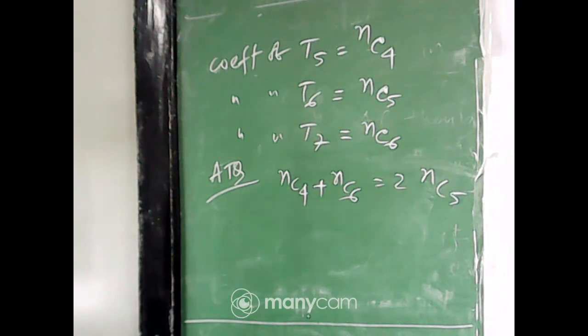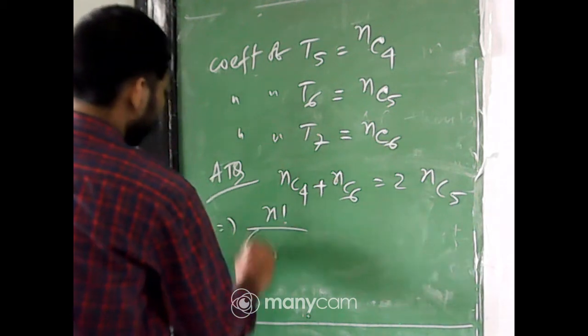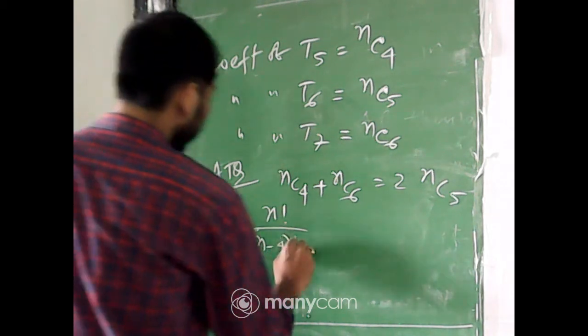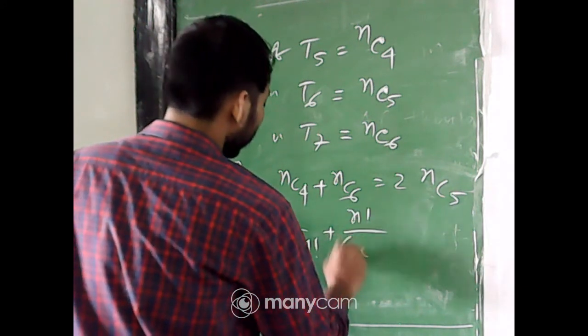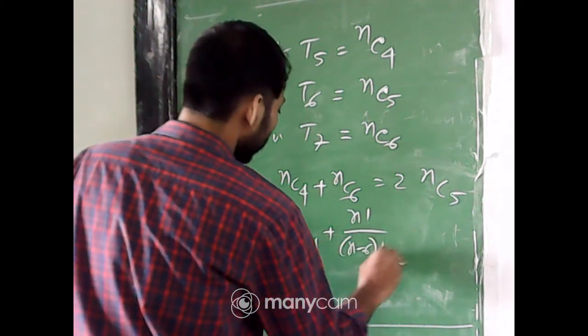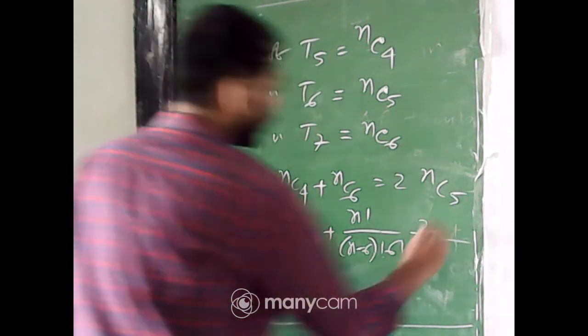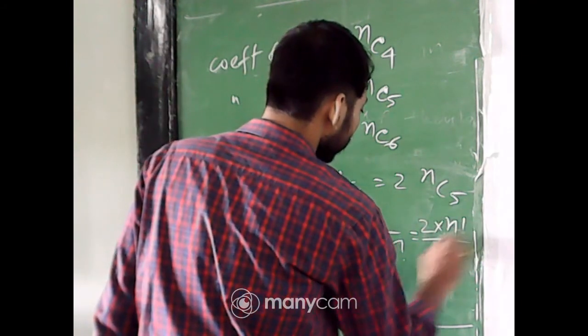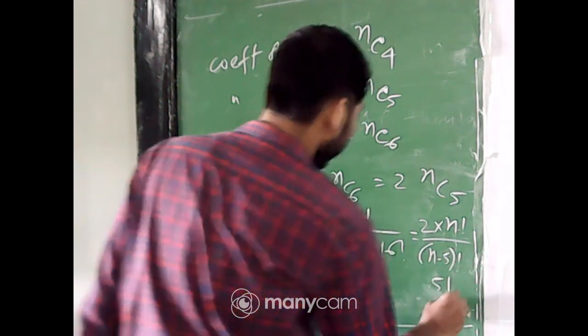Now break it. n factorial by n minus 4 factorial into 4 factorial plus n factorial by n minus 6 factorial into 6 factorial equals 2 into n factorial by n minus 5 factorial into 5 factorial.